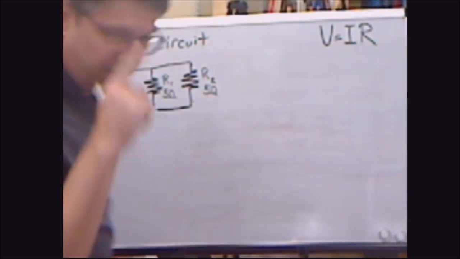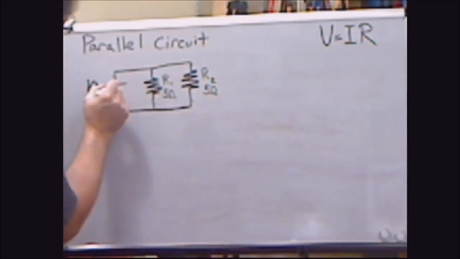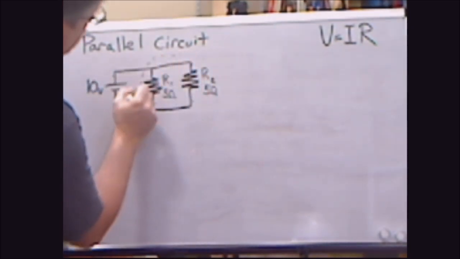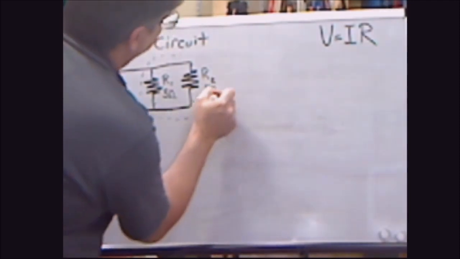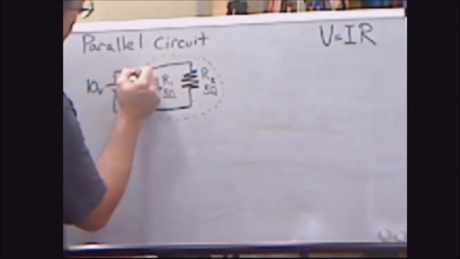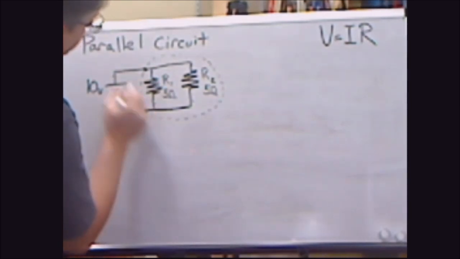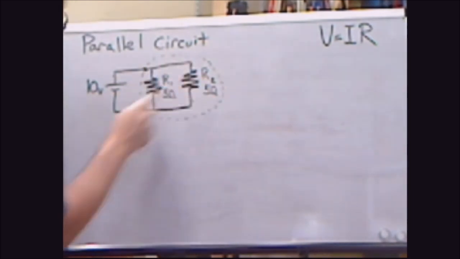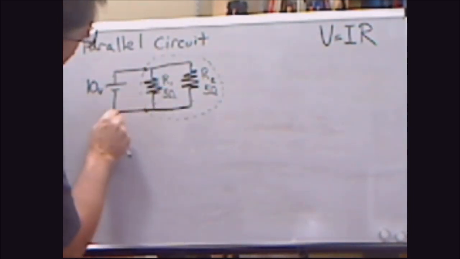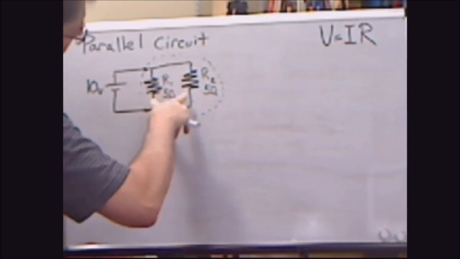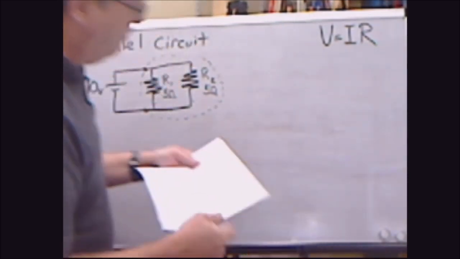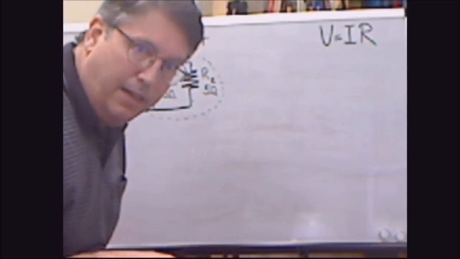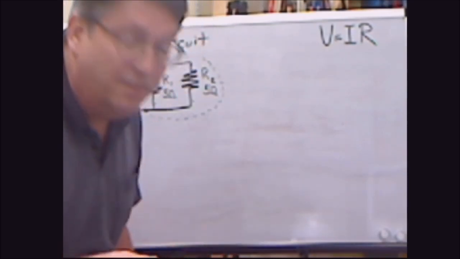Because they're both connected to our voltage source over here, we have to figure out what kind of resistance this little system offers this voltage source. I hope that makes sense. Because this voltage source is hooked up to both of them, this is kind of a little system of resistance, and that's what we've got to figure out. So this is the one little bit of tricky mathematics. It's not too tricky, but it's a little tricky.